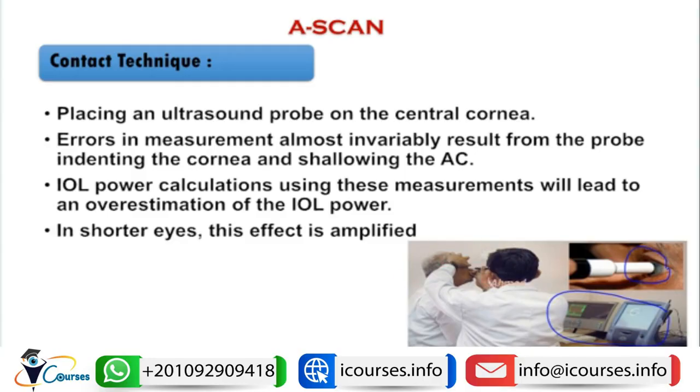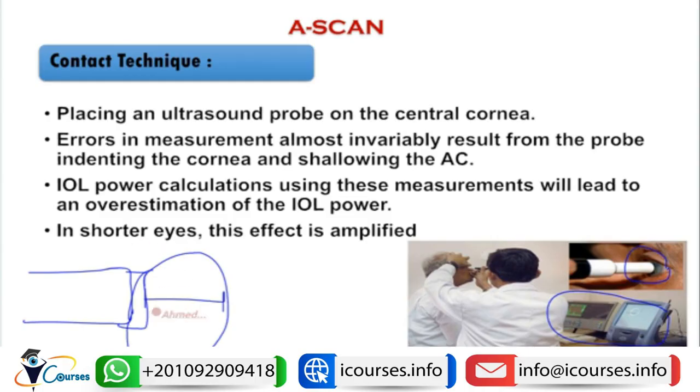Here we have a great problem: sometimes, if the examiner is not careful with the position of the probe, the probe can indent the surface of the cornea. So assume that this is the globe, this is the cornea, and this is the probe. The probe should be just touching the cornea. But what happens if it is indenting more? If it is indenting the cornea, this will result in an artificial decrease of the axial length of the eye.